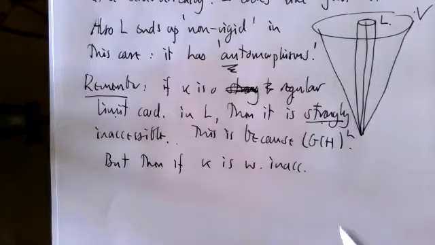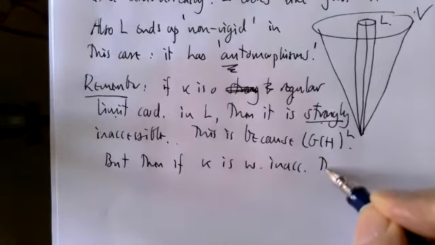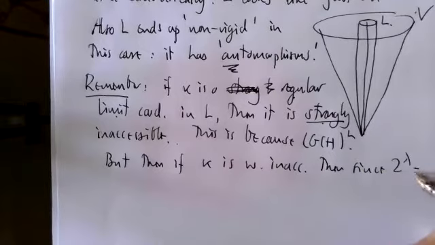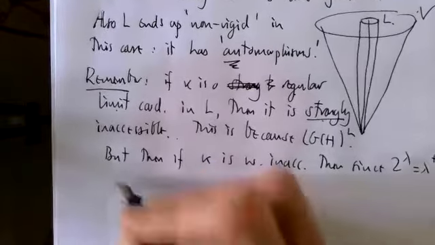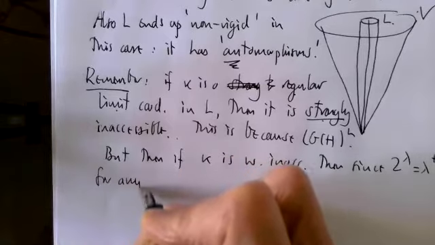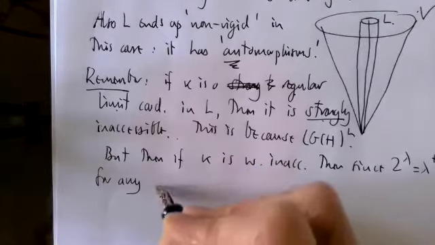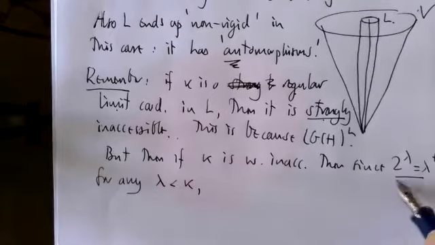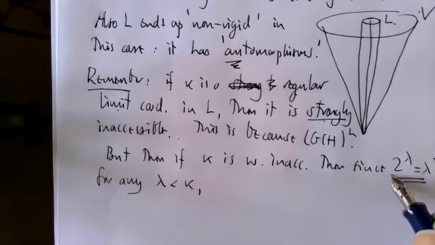If kappa is weakly inaccessible, then since 2 to the lambda is always lambda plus, which is less than kappa, for any lambda less than kappa, this means the size of power sets of anything, any lambda less than kappa, is still less than kappa.